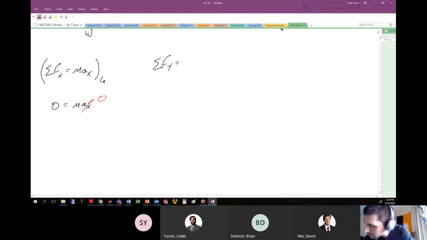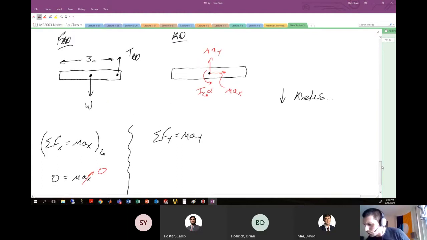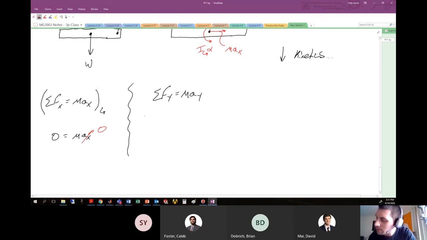Sum of the forces in the y direction, m a y. All right, so again, we'll revisit our free body diagram. We've got a weight and we've got a tension. So here we'll do tension in BD minus the weight of this object equals the mass times the acceleration in the y direction, which here is 50 kilograms times acceleration in y.